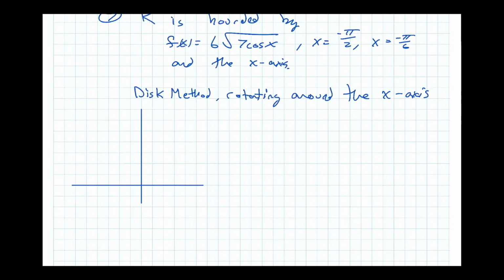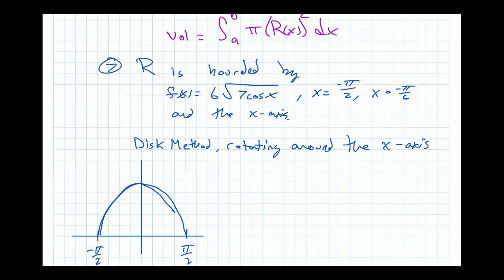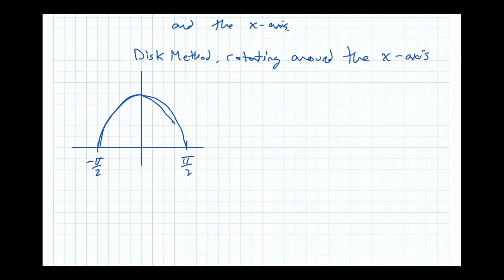So what you've got is negative pi over 2 here, positive pi over 2 here. It doesn't look quite like the cosine because it's got a square root on it, but something like this. And that's your top curve. And then on the left, you're bounded by negative pi over 2, which is right here. On the right, you're bounded by negative pi over 6, which we didn't draw, but it's somewhere in here. Like that, which means you've got a little section of the graph that looks like this.